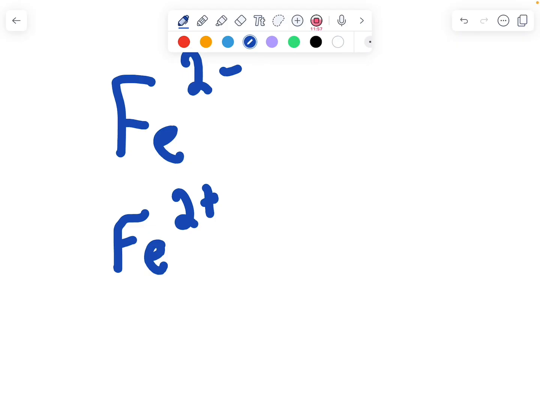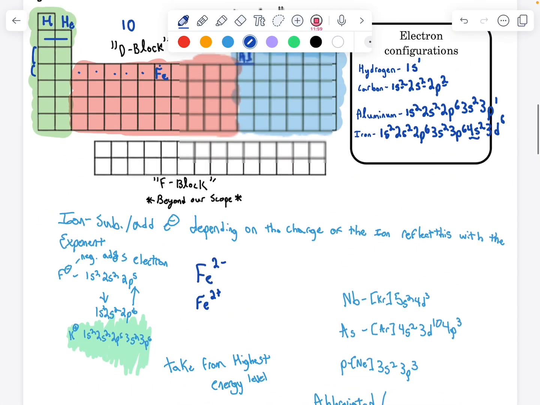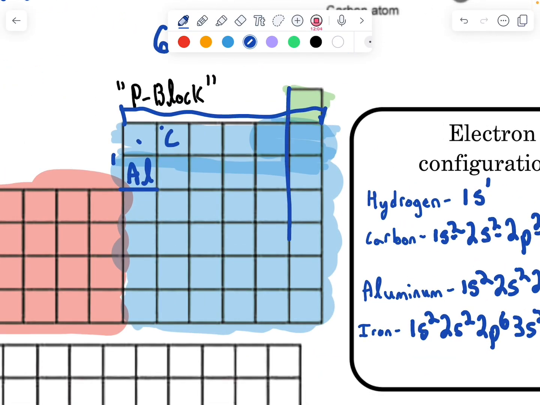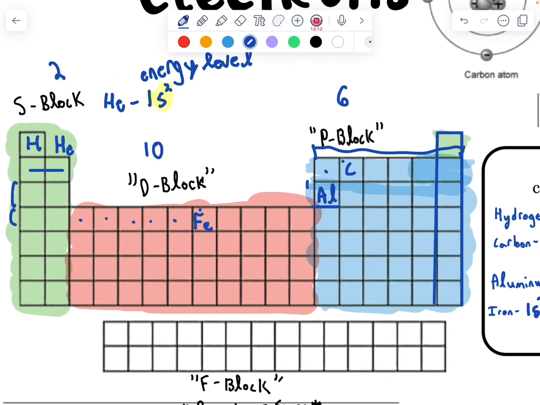So if we want to write our noble gas notation, we look at these guys, our little noble gases here, because our noble gases, remember, have the 8 electrons that they want. So the 2s2 block, for example, and the 2p6 both have 8 electrons, and that's the second energy level. So it's a shorthand way.